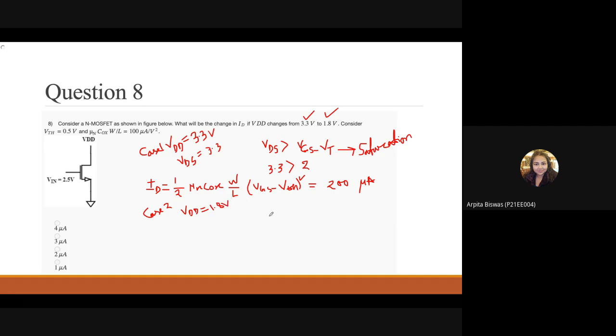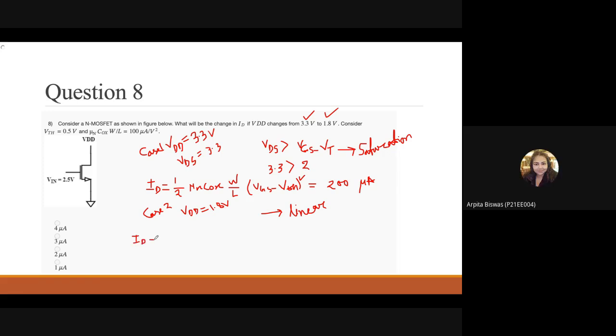So VDD is 1.8, and VDS is less than or equal to VGS minus VTH, so it is in linear mode. Now tell me what is the equation for ID in linear mode? Mu n COX W by L into (VGS minus VTH) into VDS minus VDS square by 2.